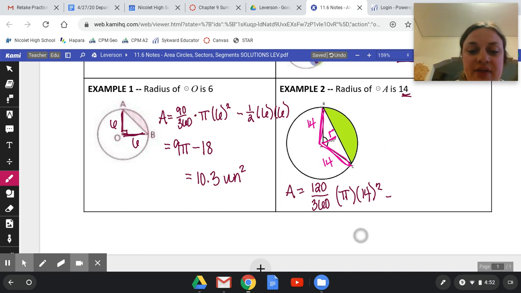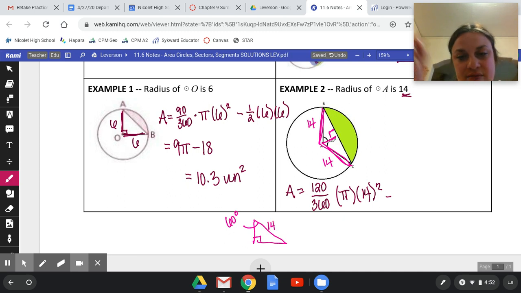If I zoom in on one of those triangles, what I've actually created is I took 120 degrees and I split it in half to get a 60-degree angle. My hypotenuse is 14 because that was the radius of my circle, and this angle down here is 30 degrees. I have actually created a 30, 60, 90 special right triangle, which we all know and love already. So think about those ratios.